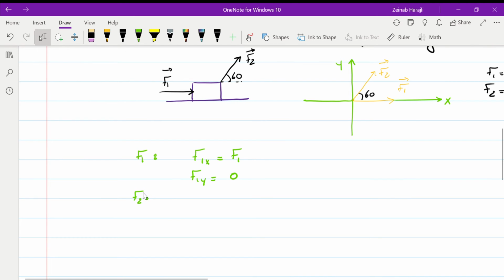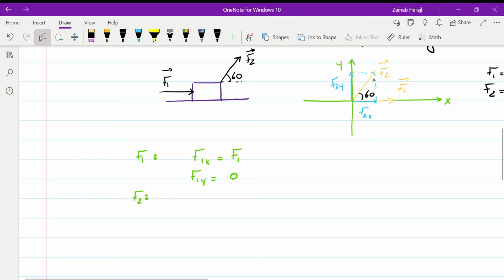Now, if we look at F2, F2 makes an angle of 60 with the x-axis. If we project F2 along the x-axis, we can find its x component right here. So this is F2x, while this is F2y. This is the y component of F2.